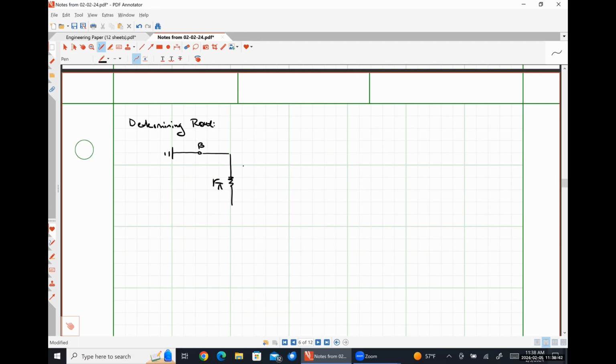Here's R pi, V pi, gm V pi in parallel with R naught.